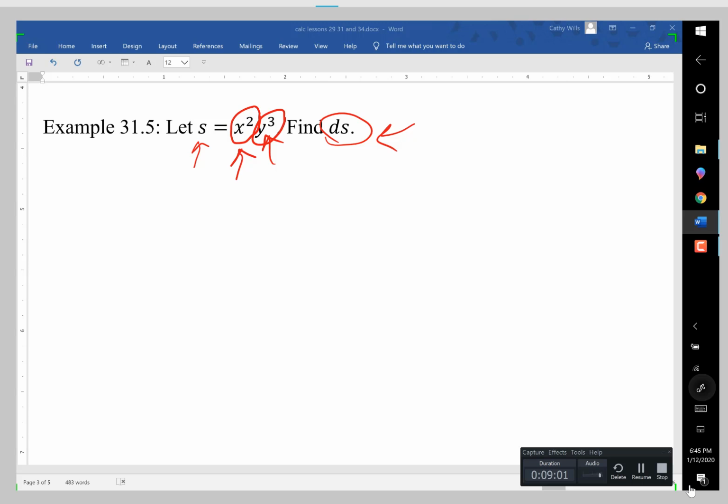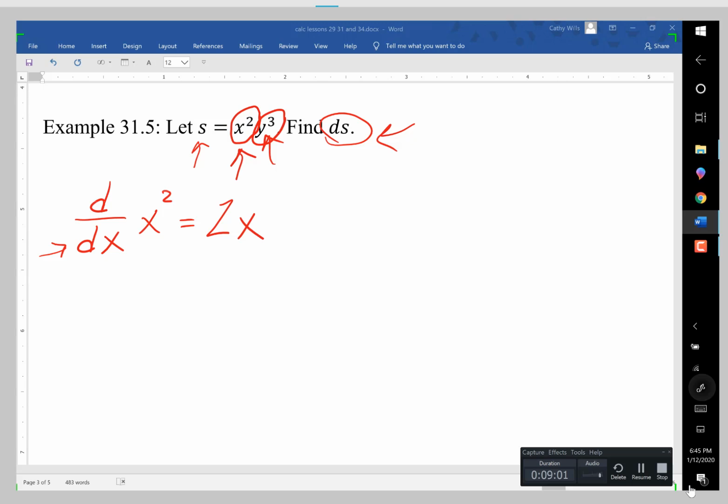You've got d dx of this function, x squared. So this is the derivative of that function. That would be 2x. The reason we have dx on the bottom here is because that's the kind of stuff you put into that function. You put x's in.